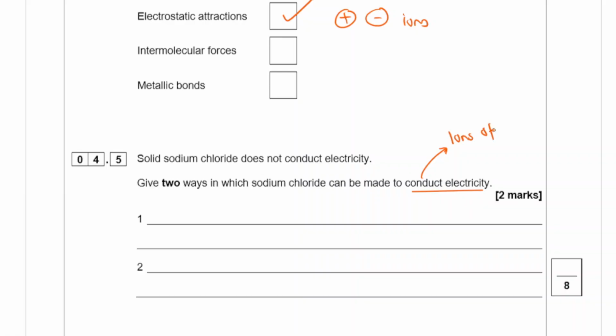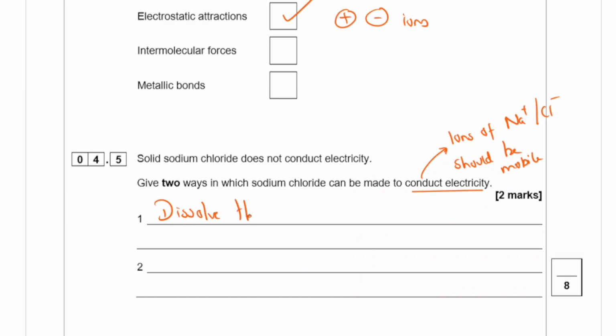The sodium ions and the chloride ions should be mobile, meaning that it should be able to move. So how can you get it to move? Well, you could dissolve it in water. Sodium chloride is a salt, so it will separate out when it dissolves in water to form salt water, right?